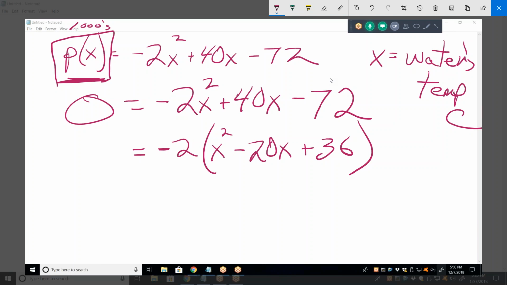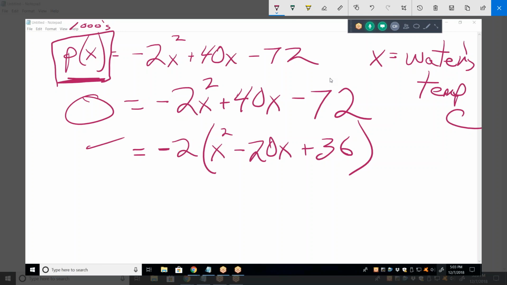And when you're doing math, whenever you do stuff like this, you should always immediately check. You don't want to wait till you finish the problem to check, because you won't know where you made your mistake. But if I check that right now and I redistribute that negative 2, I see that I get exactly what I started with. And that's what's important.